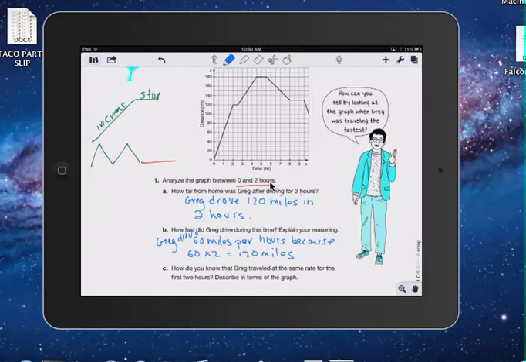Then you get 60 and then 60 times the time you drove. I don't get it. Total, and you subtract the miles at the time he drove all together. All right. Okay, number 3, C.